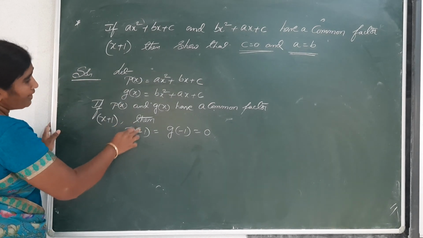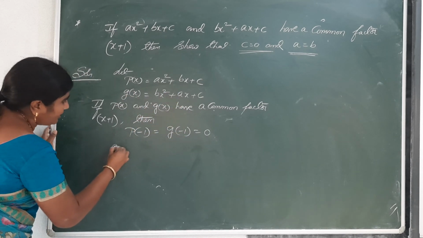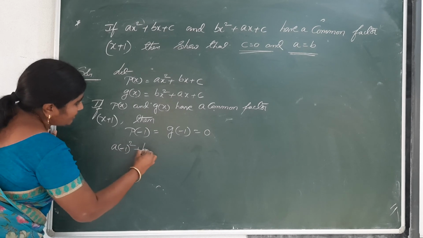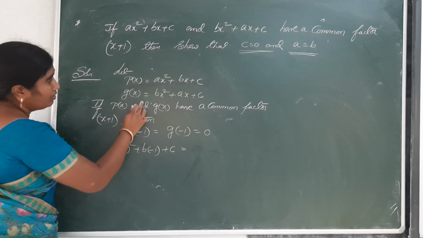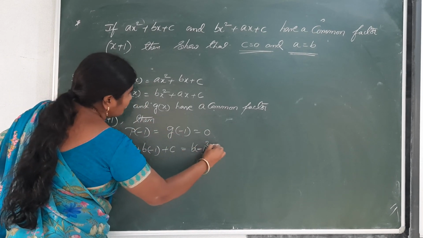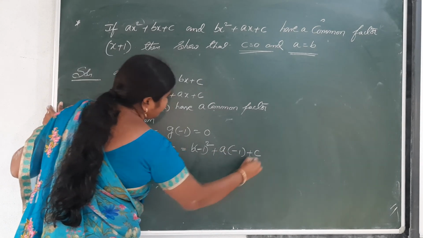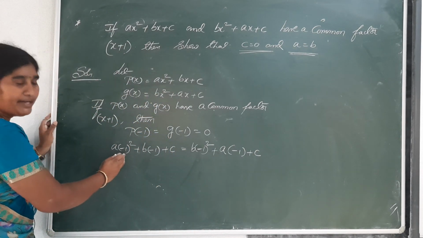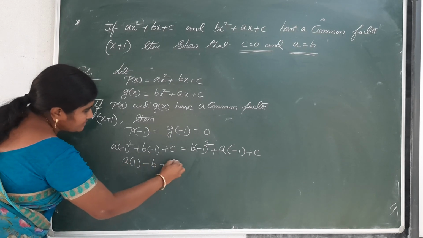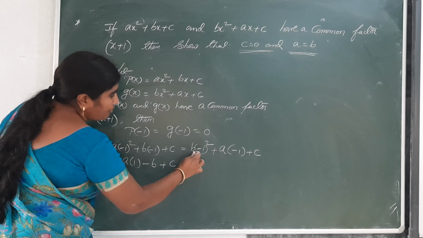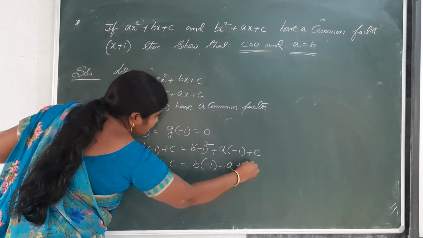Replace x by minus 1 in p of x and in g of x. a into minus 1 whole square plus b into minus 1 plus c equal to b into minus 1 whole square plus a into minus 1 plus c. a into minus 1 whole square is 1, so a minus b plus c equal to b minus a plus c.